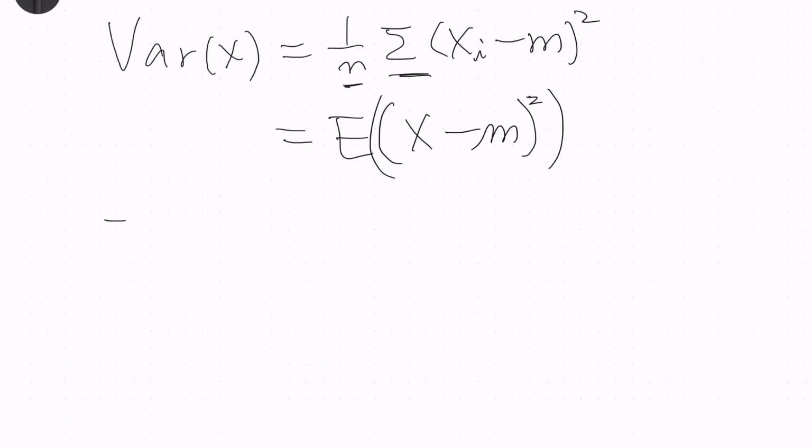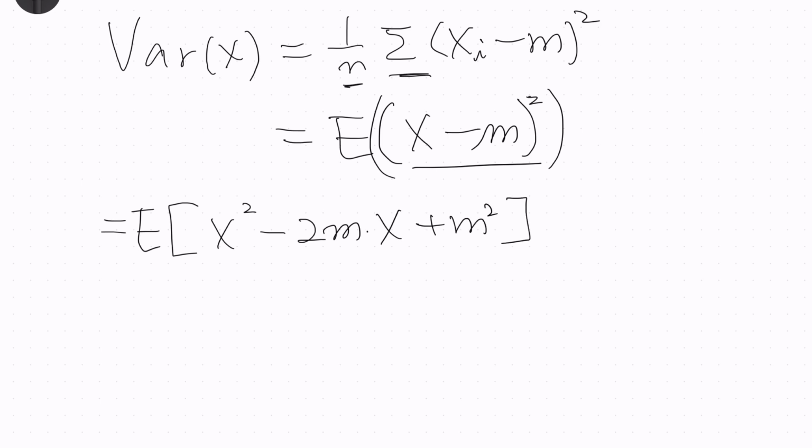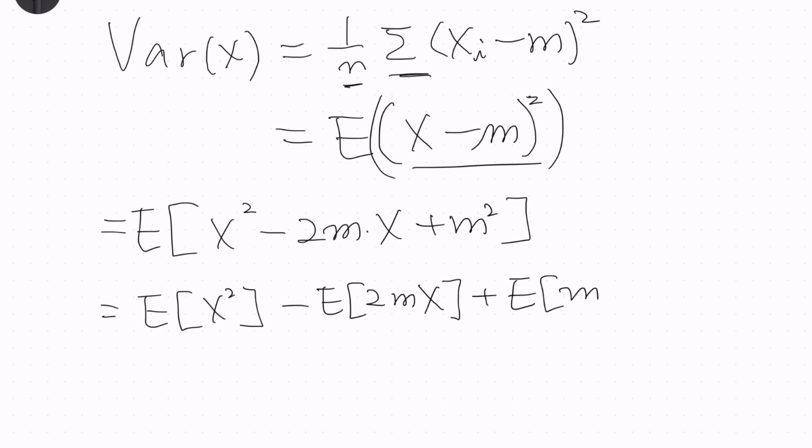Right? So I'm going to expand. This is the expectation of the square. So if you just expand this one, this will be x squared minus 2mx plus m squared. Right? So you can just separate out the expected value of x squared minus the expected value of 2mx plus the expected value of m squared.